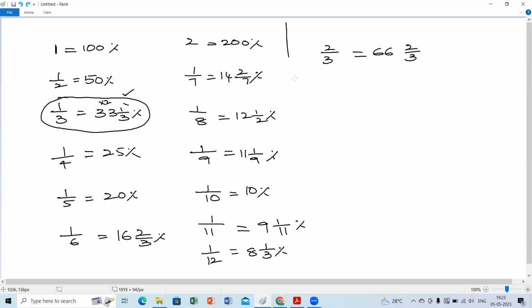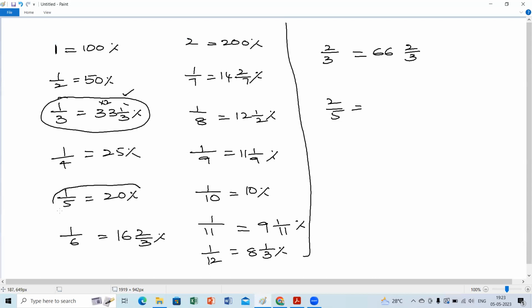Based on this basic part of fractions as well as conversion to percentage, suppose the same, 2 by 5. Can you please tell what is the value of 2 by 5? Because 1 by 5 we know very well.